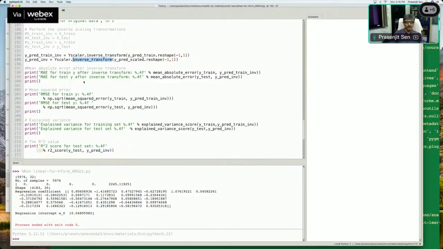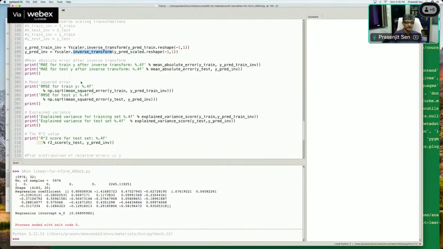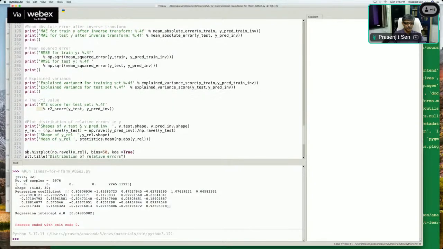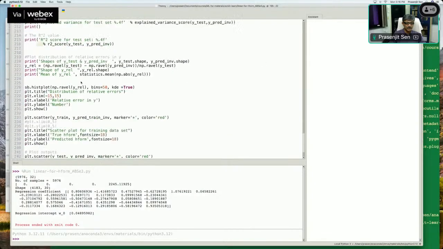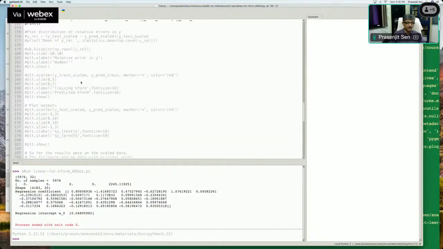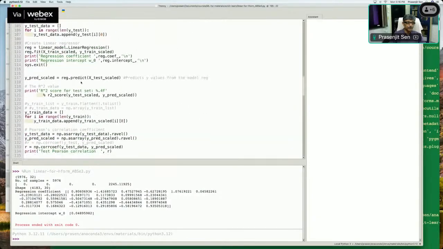So the predictions are inverse transformed, and then I recalculate the MAE, the RMSE, the R2 score, etc. All right, so let us now run the full thing and see what we get.